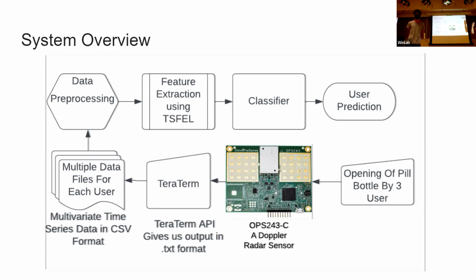A few users opened the bottle quicker than others, so for that we used padding and added zeros to make all of the data equal. Then we used feature extraction using TSFEL to extract the features from the time series data, and then we use the classifier to predict the user.